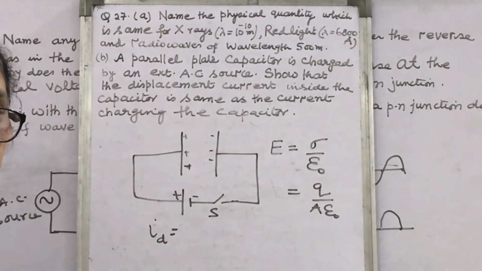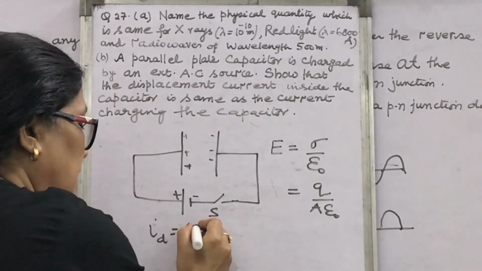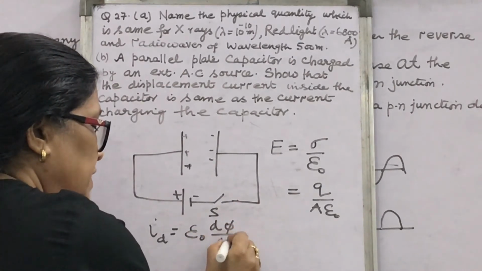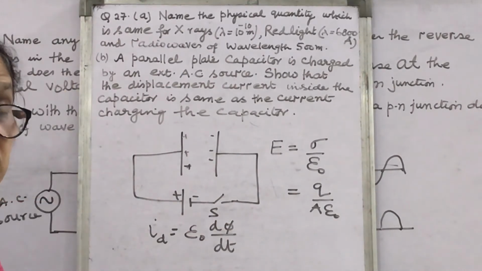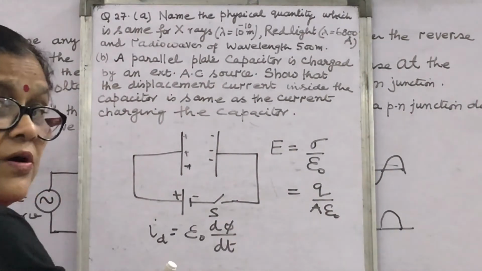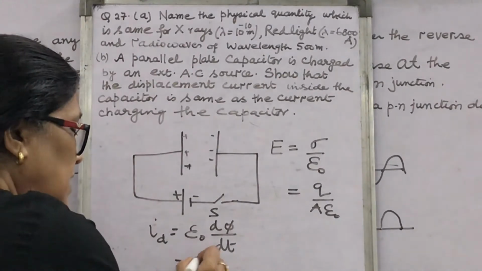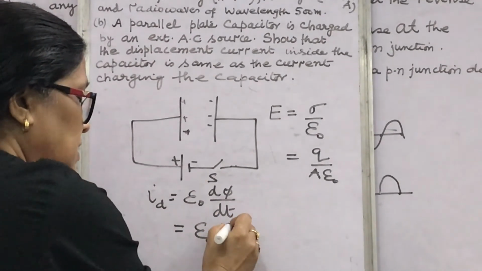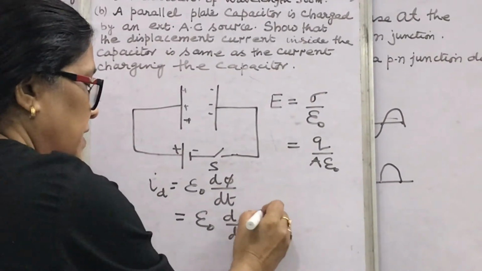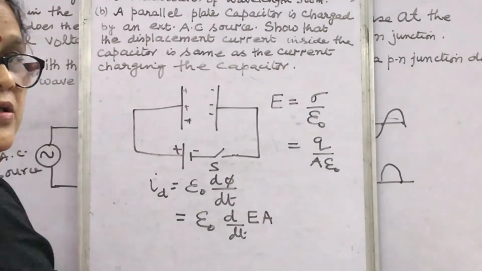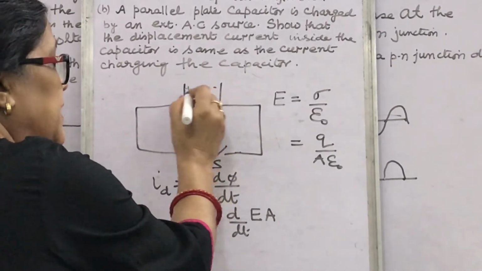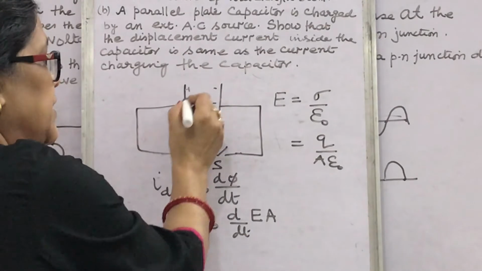You know the formula for displacement current? ID equals epsilon naught d phi by dt. What is this phi? Electric flux. You know flux, E dot A. What will you write here? This is epsilon naught, d by dt of electric flux, which you can write as E A. And this electric field E is perpendicular to the plates, from the positive towards the negative side.